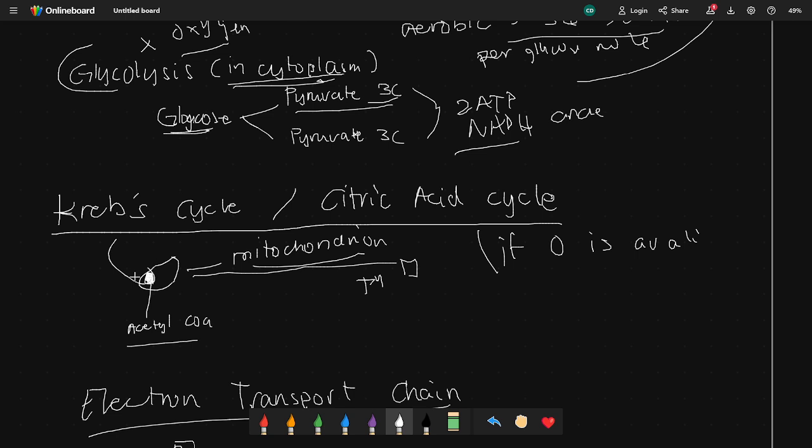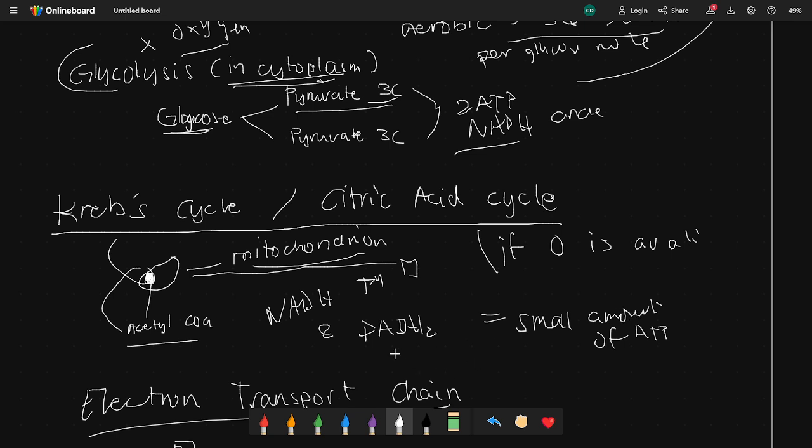Here it systematically breaks down. This process generates more NADH and FADH2, which are electron-carrying molecules, plus a small amount of ATP.